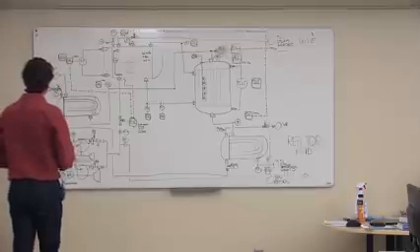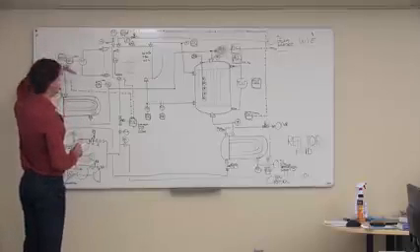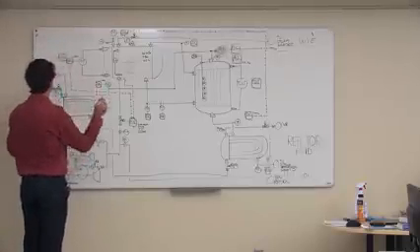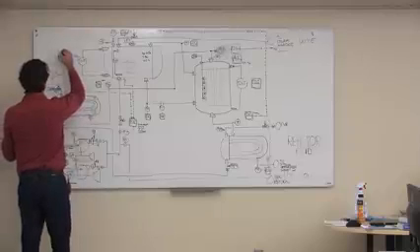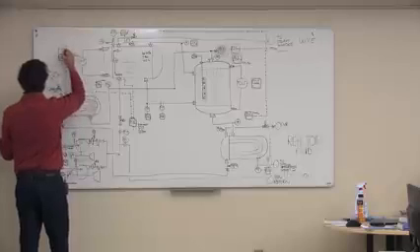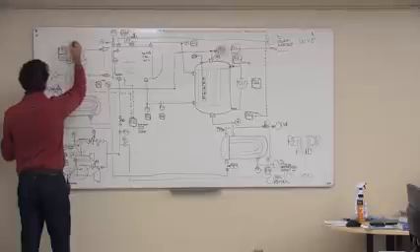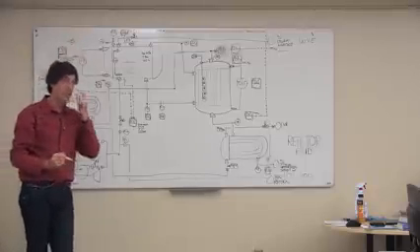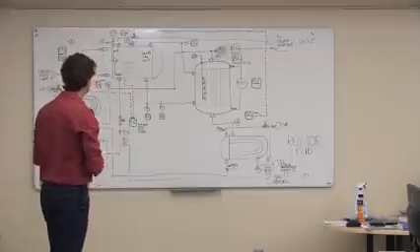We might want to have a whole bunch of other interlocks. We could have a low-low if we wanted to. So for instance, if we got to an even lower level, we might want to send that signal to an interlock to shut the syngas feed system off. We could do one of two things.